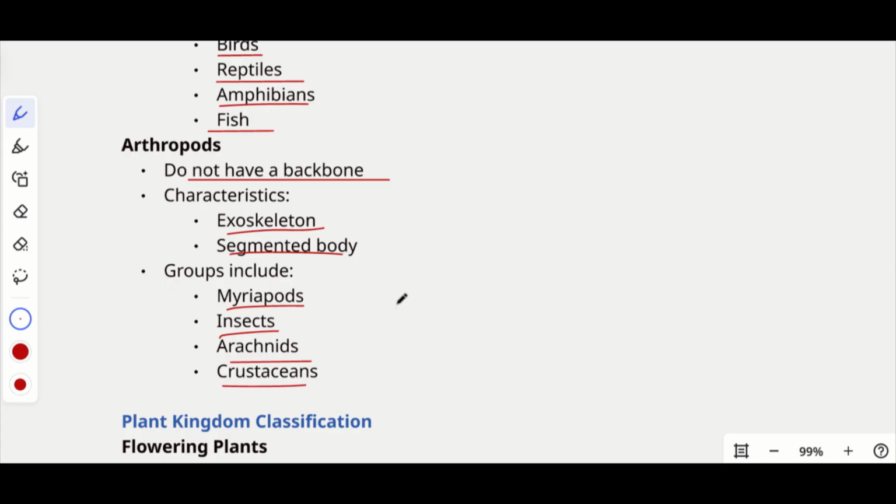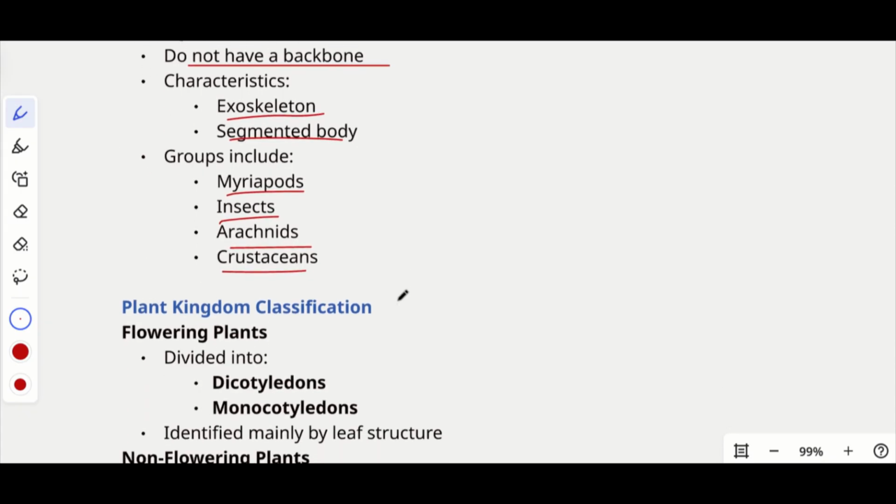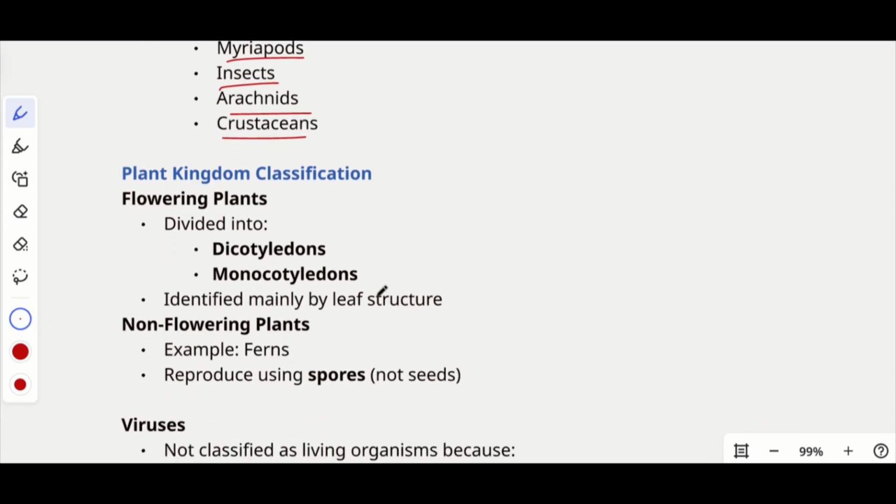Now we have the plant kingdom. How will you classify the plant kingdom? We can divide it into flowering and non-flowering plants. Let's start with the flowering plants. What are flowering plants?